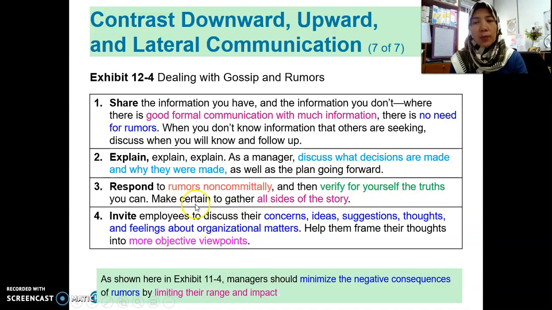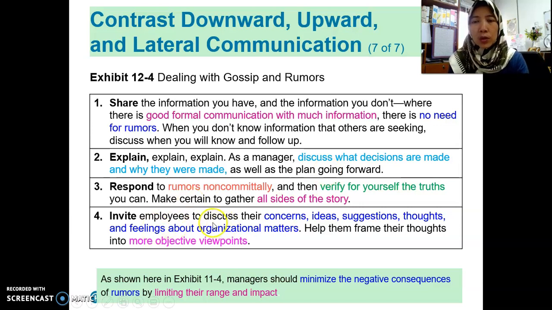So try to gather all sides of the story, because if you just explain one side of the story, employees may not want to listen, because they consider that the organization is trying to conceal information that should be given to everyone among the employees.